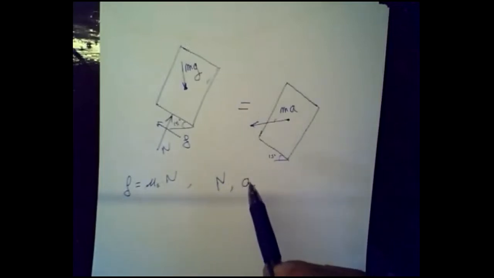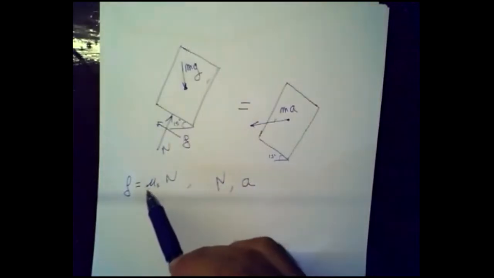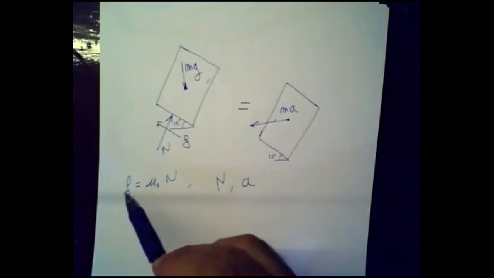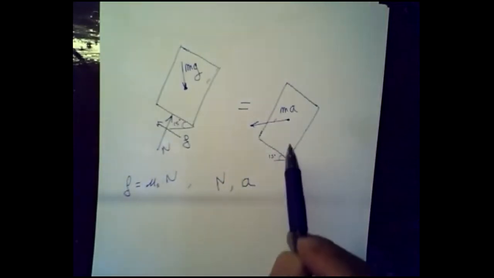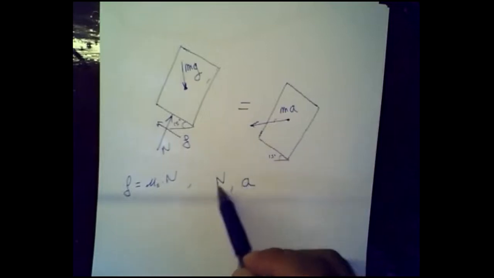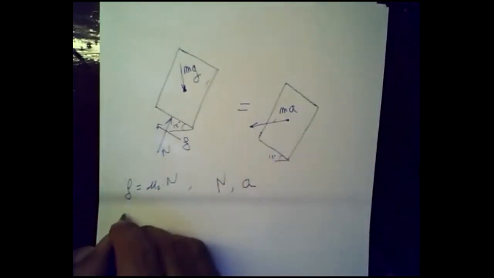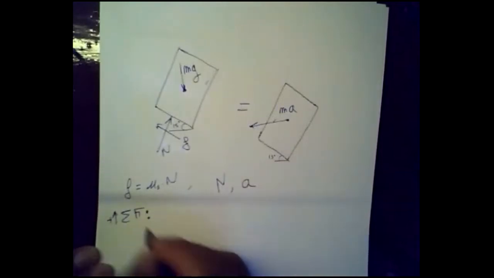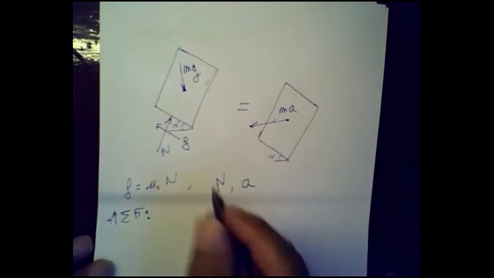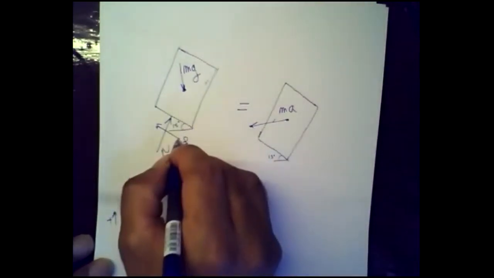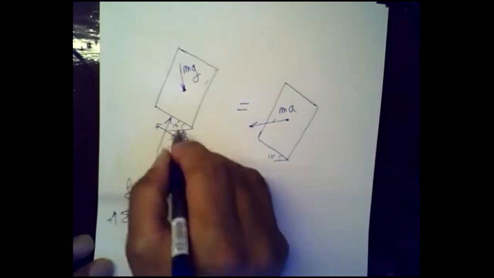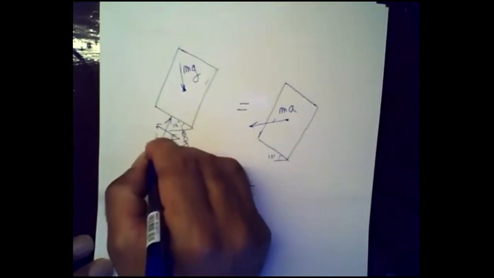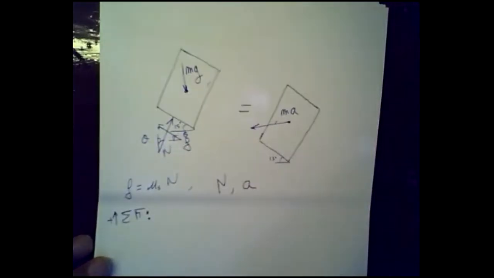So if I were simply going to get the acceleration for this guy when F is equal to mu S times N, now I'm relating F to N. In that case, I only need two equations because I have two unknowns. The equations are simply summing the forces in the vertical direction. If that angle is 15 degrees, let's actually keep theta, I call it theta, and then this angle right there is also theta.